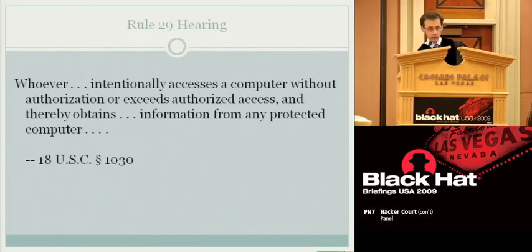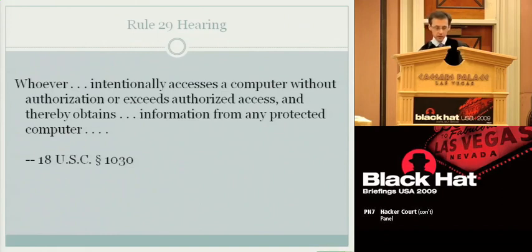In this case, the government's theory is that that's the USB key, that the access was without authorization or exceeded authorized access. Here, the government's theory is that that comes from posting the sign in the business center, that the defendant thereby obtained information from the protected computer, and again, the government's theory is that it was the file on the USB key, and that the value of the information exceeded $5,000.